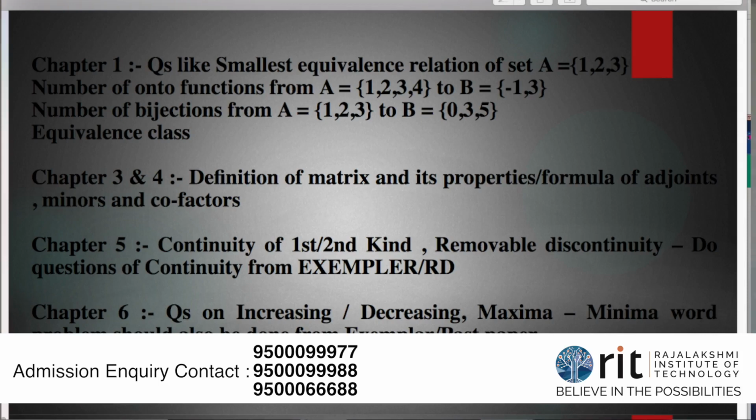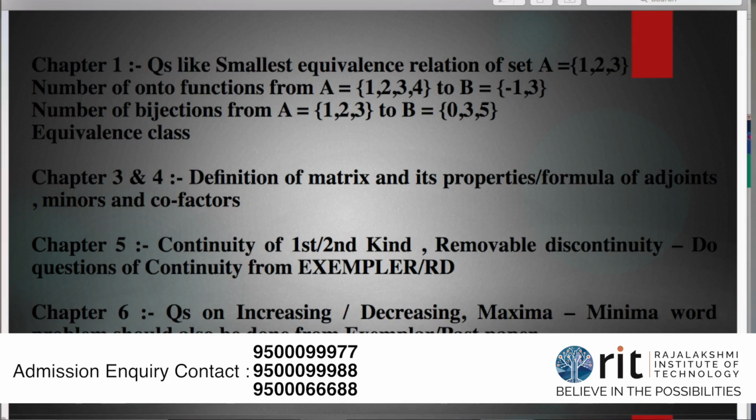Chapter number 7, proofs of definite integration should be done. I told you. Chapter number 8, don't avoid exercise 8.2. Chapter number 12, do try word problems of LPP, because 3 days ago CBSE put the same question.